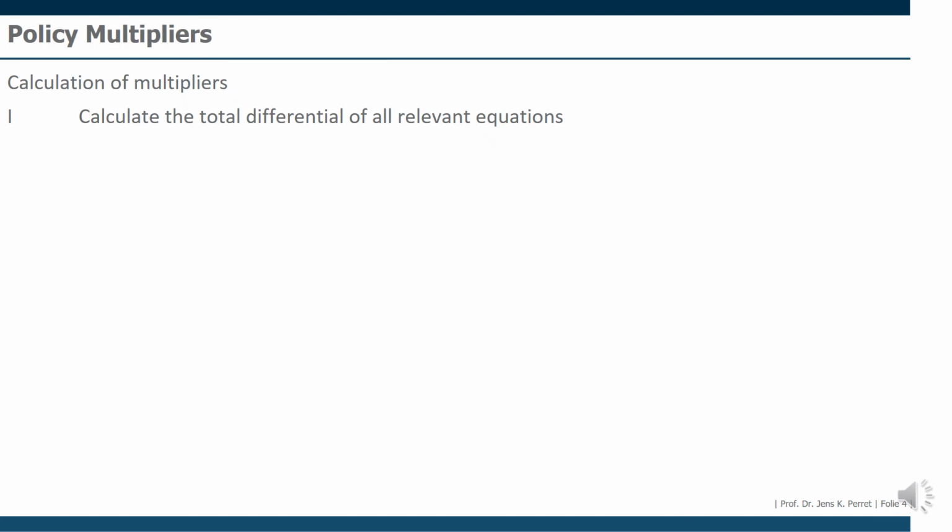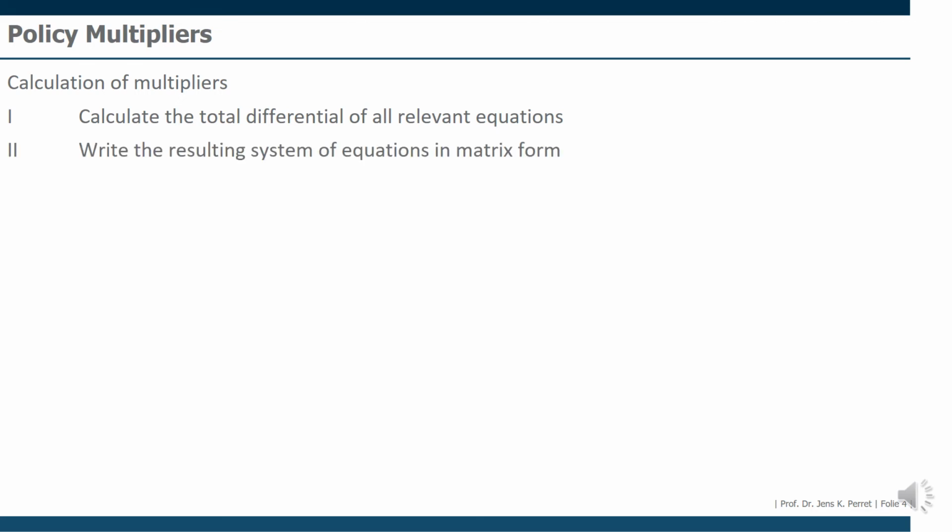If you have some exogenous variables which, however, are not of interest to you, you can skip them in the context of this total differential, meaning we are holding them constant. But here you should consider all endogenous and all relevant exogenous variables.